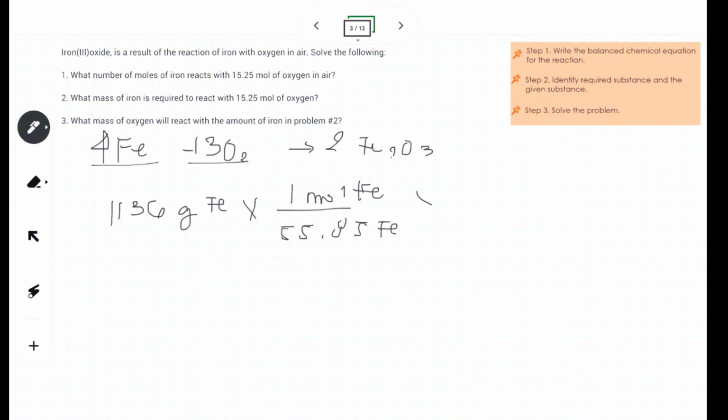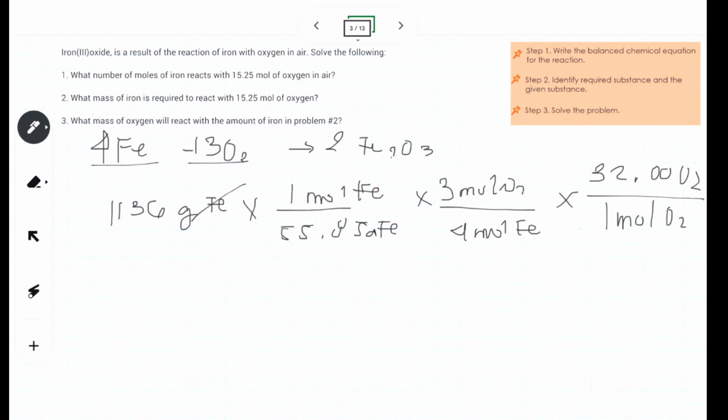After that, we have to change mole of iron to mole of oxygen, which according to mole relationships, there are 3 moles of oxygen that react with 4 moles of iron. Lastly, we have to convert mole to grams.